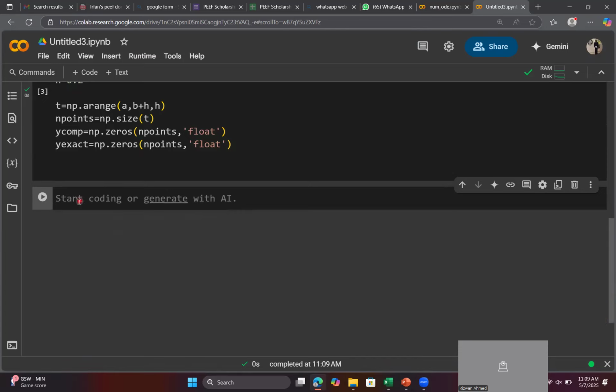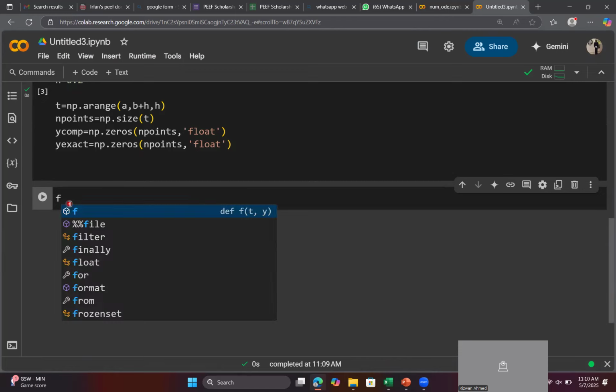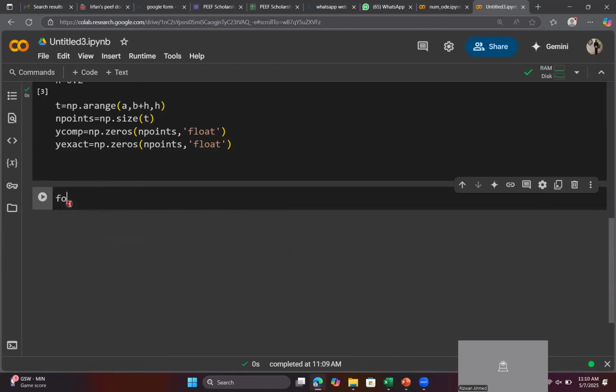Okay, so we start with a value and then we move forward, from I to I plus 1. So I write here, let me first specify y computation of 0, the first value to start with. It should be the initial condition.